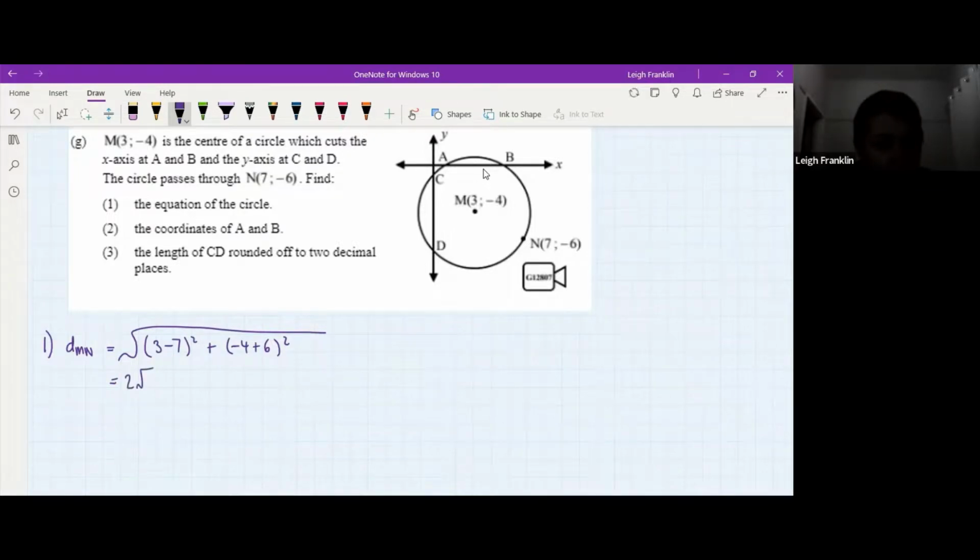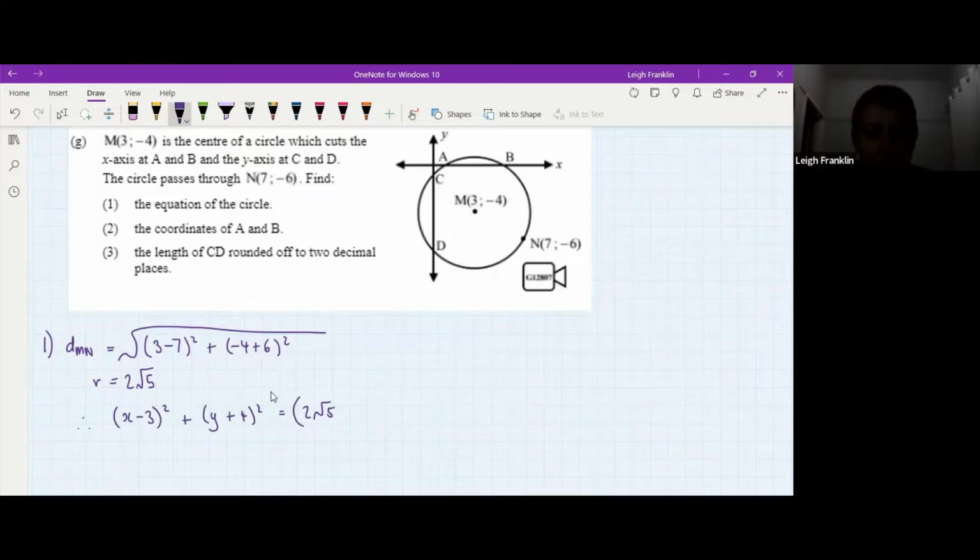Yes, ma'am. Okay, so that's the length of the radius. So therefore, the equation of the circle has to be (x - 3)² + (y + 4)² = (2√5)².